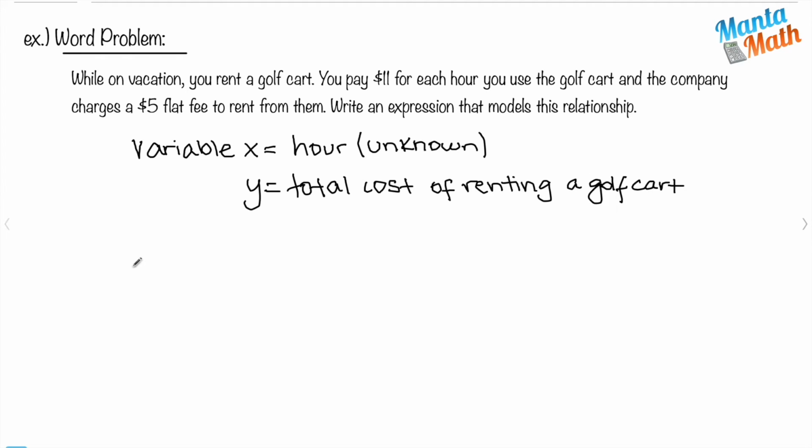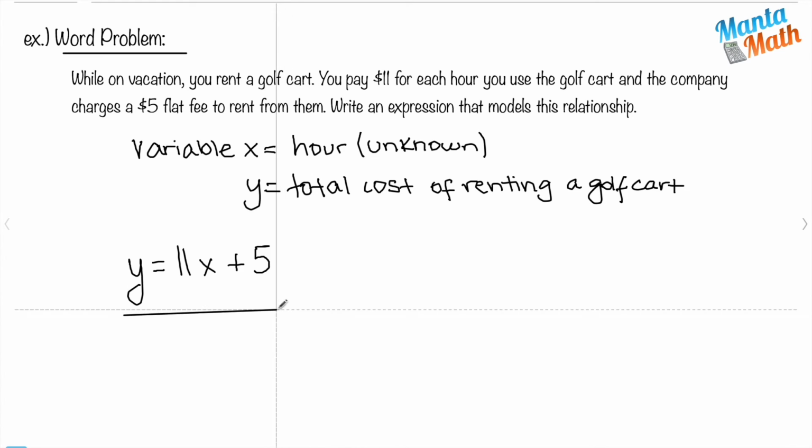So, we can set it up as y, because we want to find out what our total cost is for renting the golf cart, and we know that it's going to cost $11 per hour, hour being our x variable, and we know we have to pay a flat fee of $5. You're not going to have a variable attached to the 5, because it's a flat fee, you only pay it once. Here's our expression.